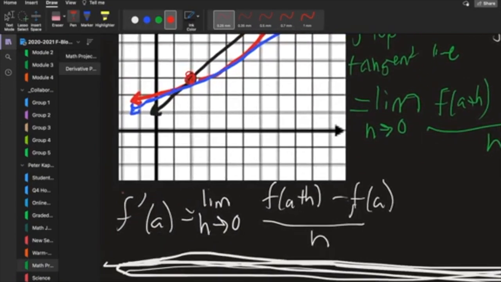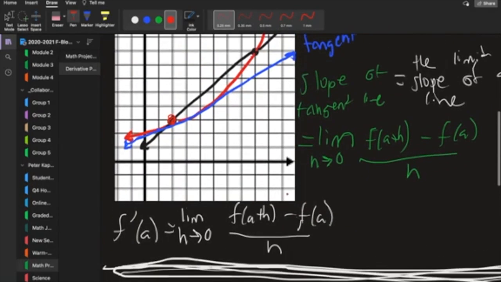Instead of f of A, which would represent a regular function, for a derivative we use f prime of A, which is equal to the limit as h approaches 0 of f of A plus H minus f of A over H.